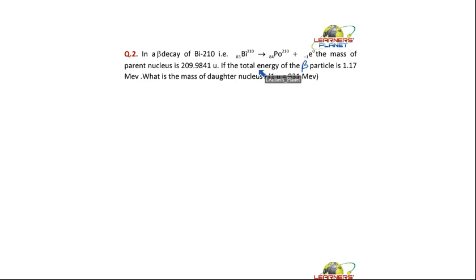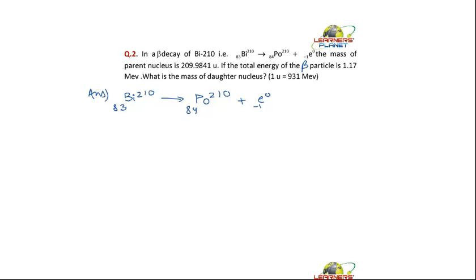Now in this case, students, we have got bismuth 210 and 83. It is giving you polonium 210 and 84 plus a beta particle.